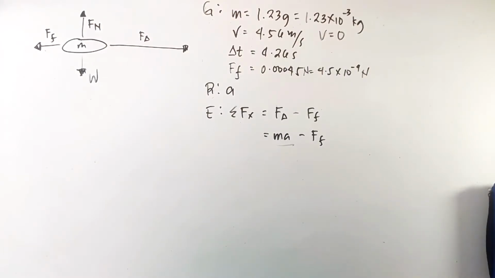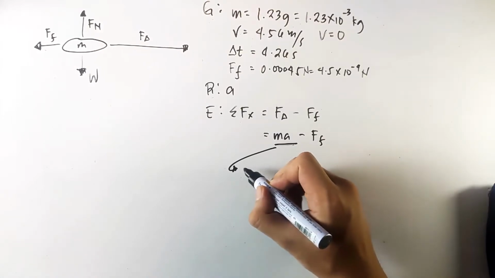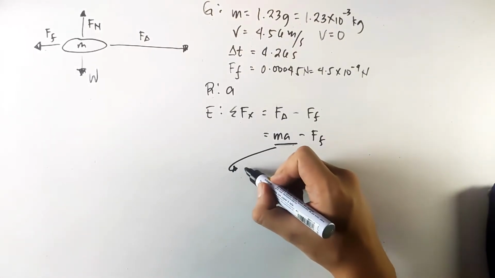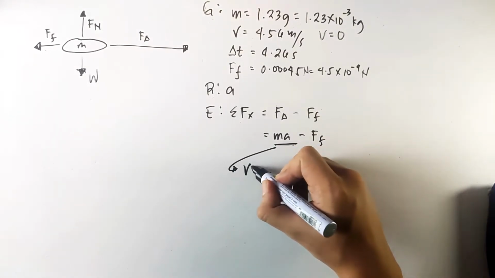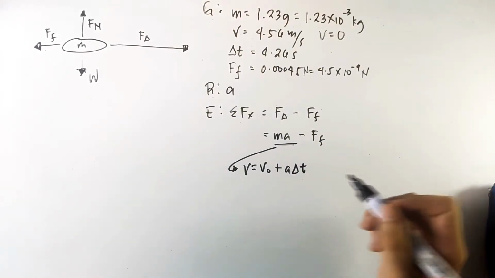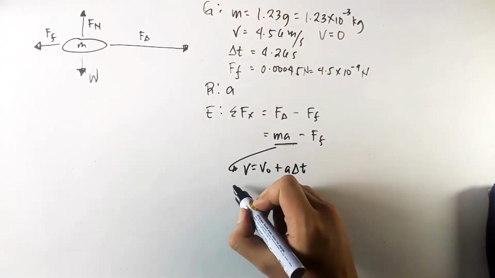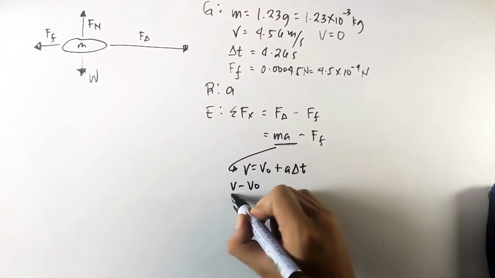Let me replace my whiteboard. Okay, so here I'm going to write the equation. So you're going to have v is equal to v sub 0 plus a delta t, correct? Then since what we need is acceleration, you're going to leave it on that side, so you're going to have this equation instead.